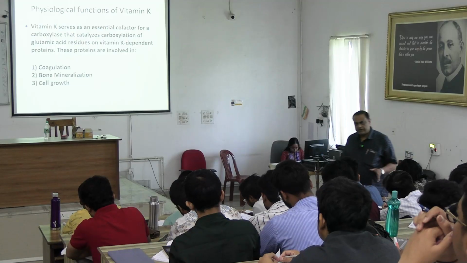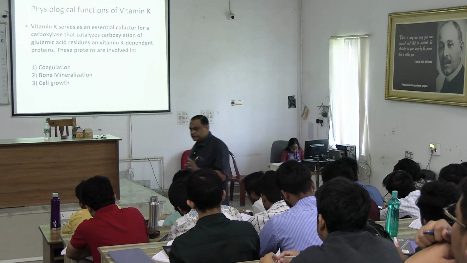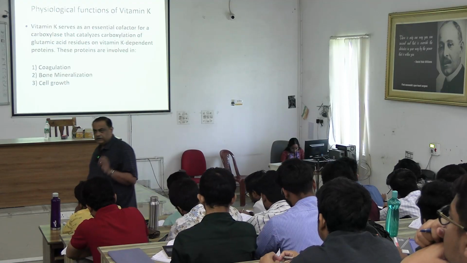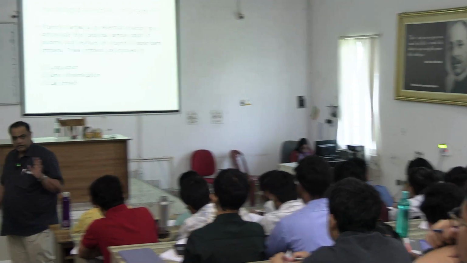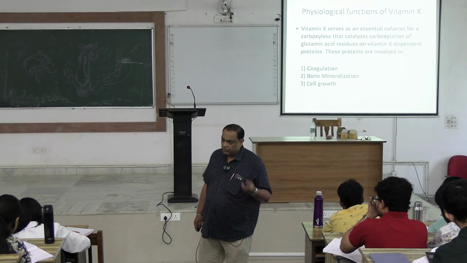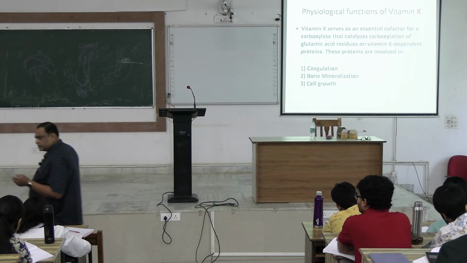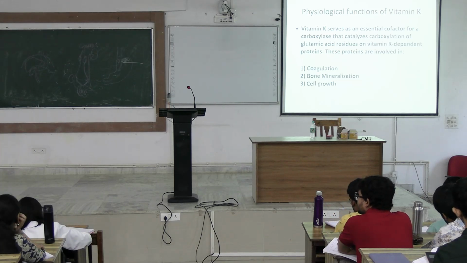What is gamma-carboxylation reaction? We know we have one amino acid called glutamic acid. It contains 5 carbon atoms and 2 carboxylic groups. Now, in the second carboxylic group, the gamma carbon, a new carboxylic group is attached.